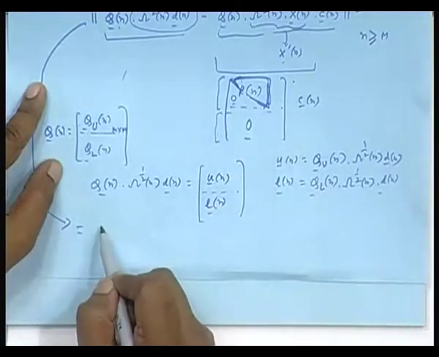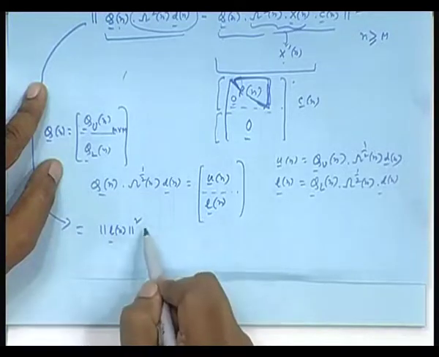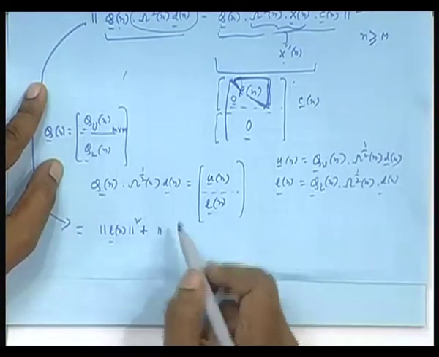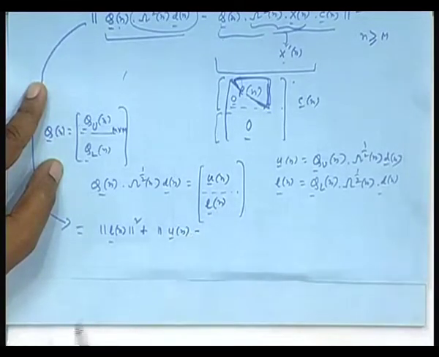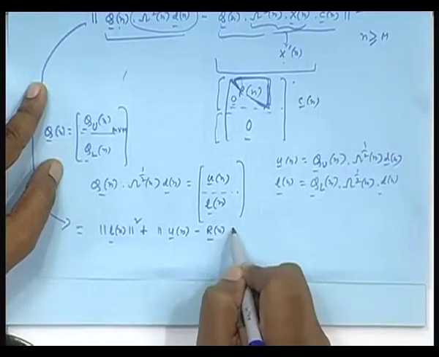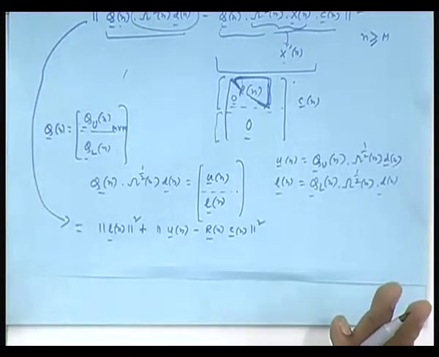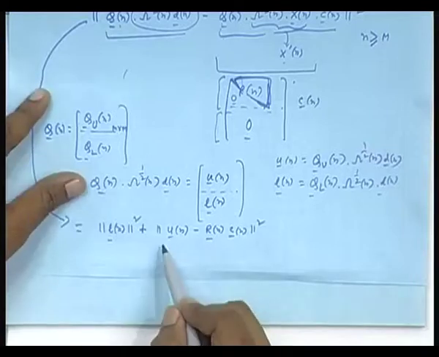So, that means this total norm square will be plus this part, u n minus, okay. This guy.